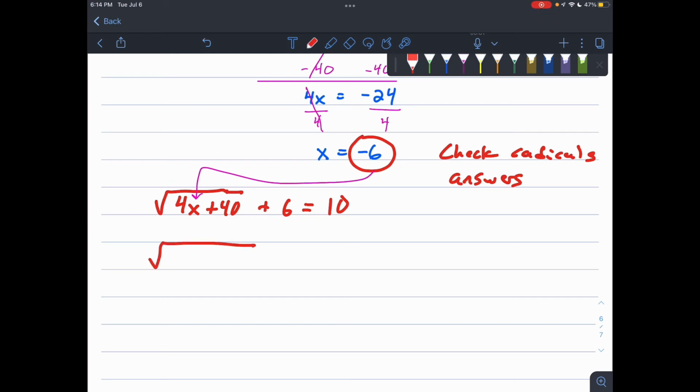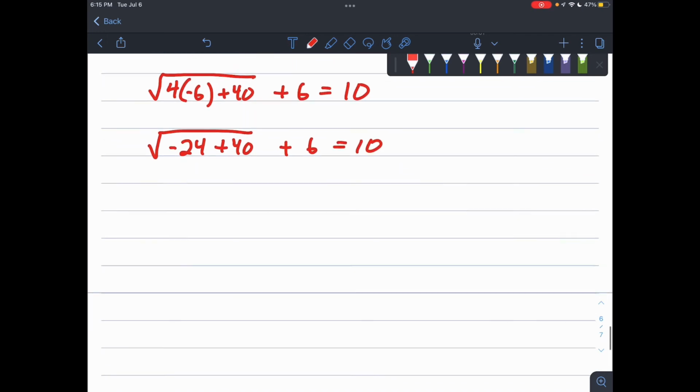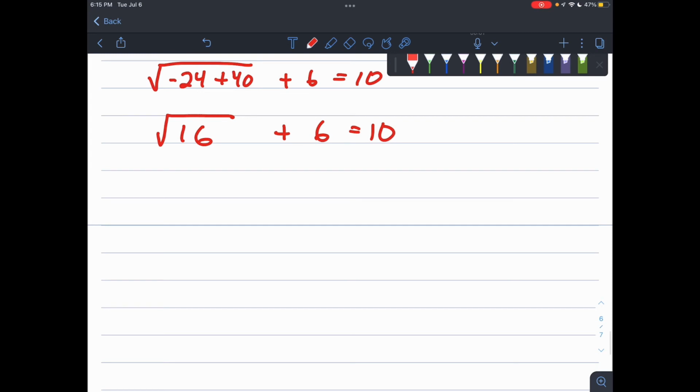So we've got the square root of 4 times -6 plus 40, plus 6 equals 10. 4 times -6 is -24, plus 40, plus 6 equals 10. -24 plus 40 is positive 16. Square root of 16 is just 4. And then so we do end up with 4 plus 6, which is 10, equals 10.